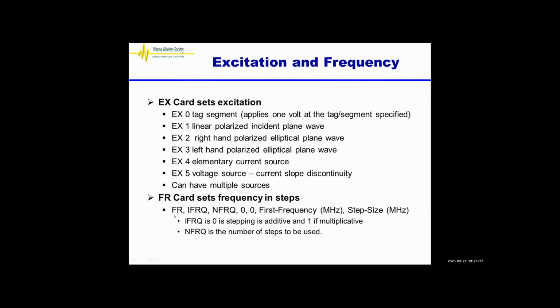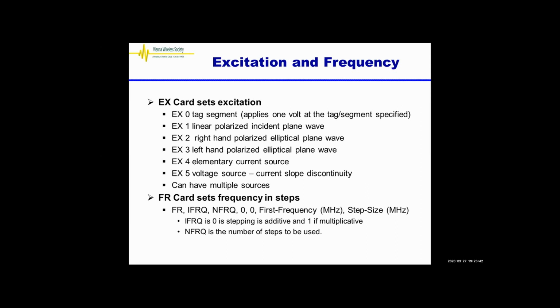And then finally, we have a frequency card that tells it, okay, here's my frequency. So here's the way that works. I put in FR, which tells it this is a frequency. IFR tells me if I'm incrementing my frequency, is it doing it additively or multiplicatively. NFRQ is the number of steps I want to step the frequency.